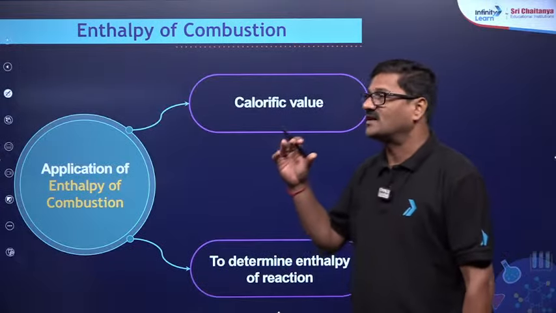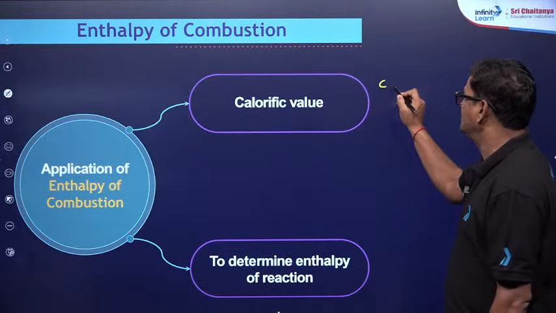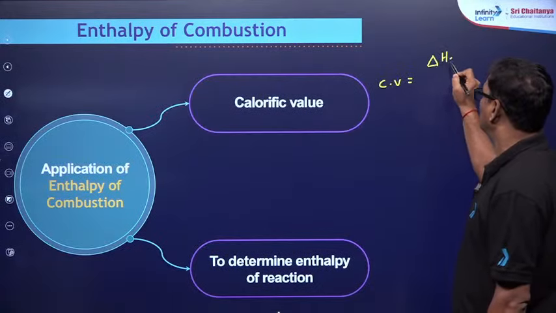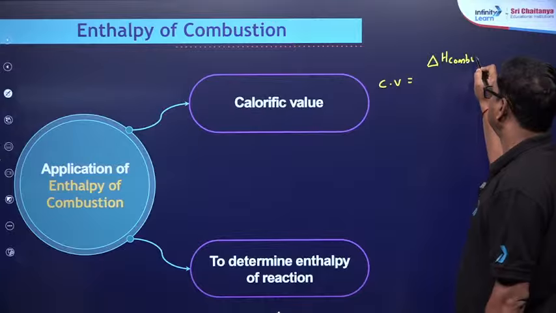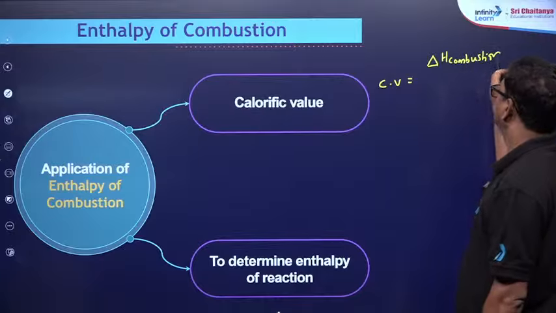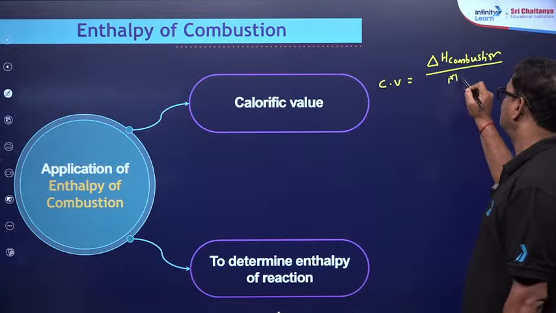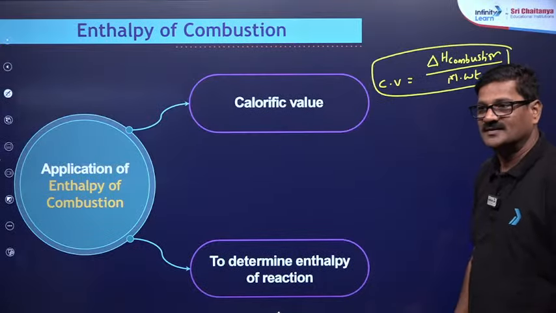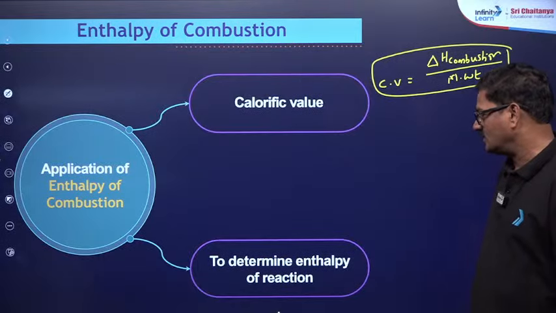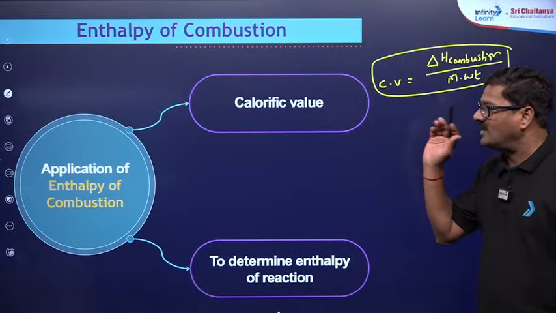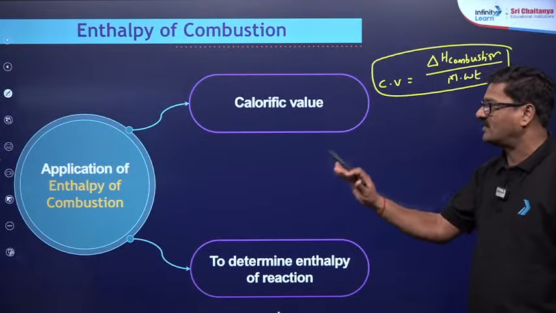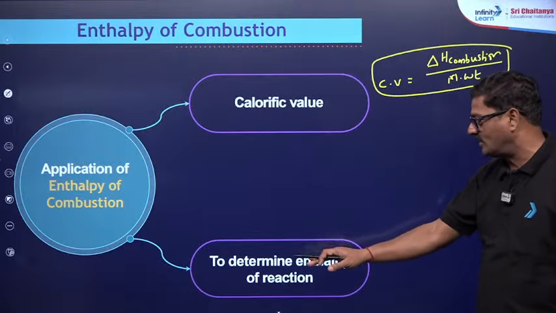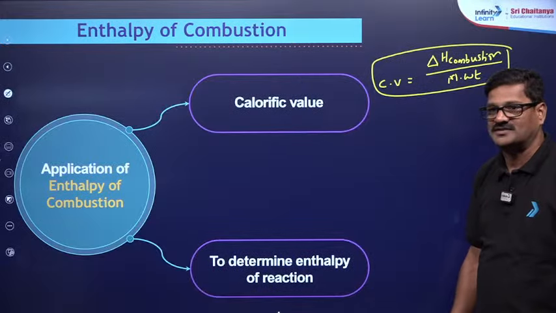I mean to say here calorific value Cv is equal to enthalpy of combustion upon molecular weight. That is very important. And the applications of the enthalpy of combustion are the better understanding in terms of calorific value and to determine the enthalpy of reaction.